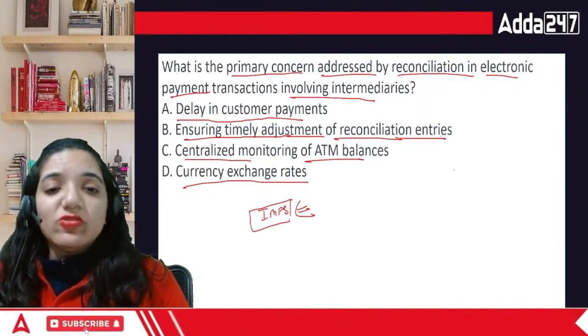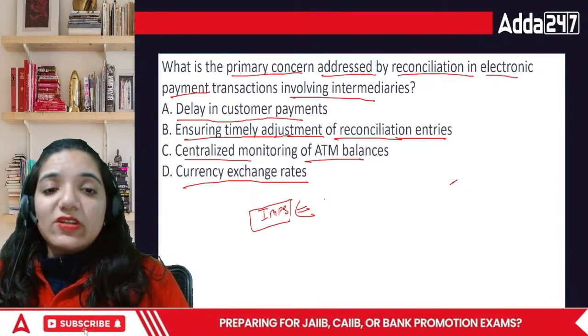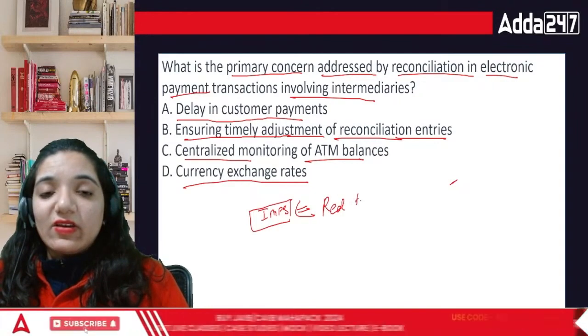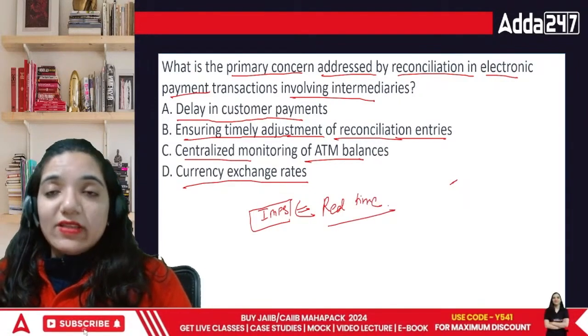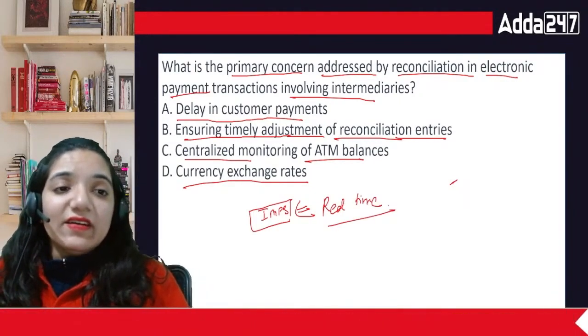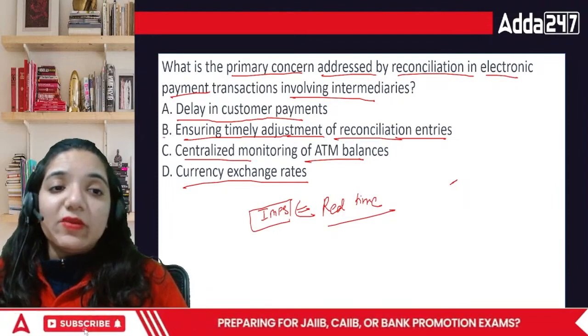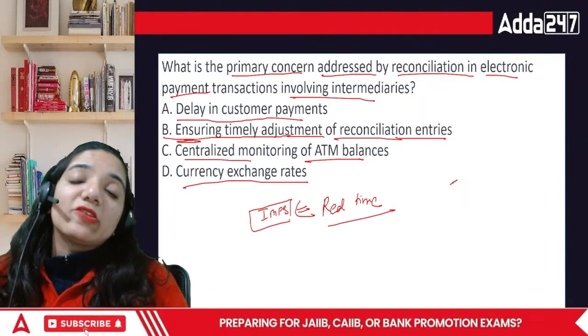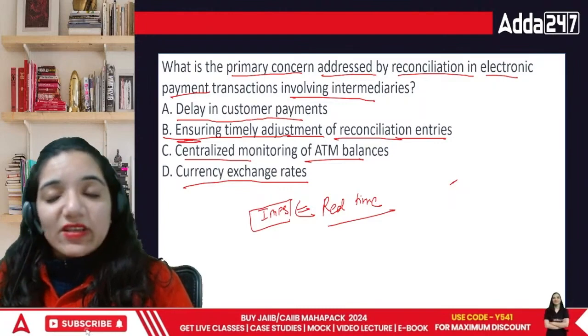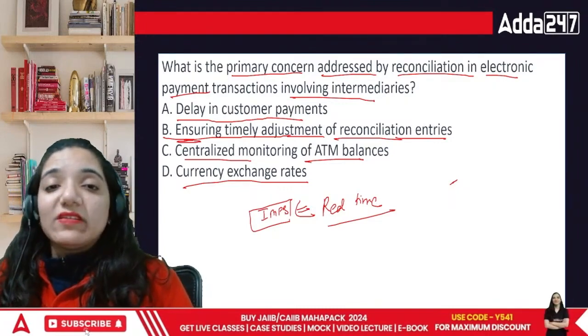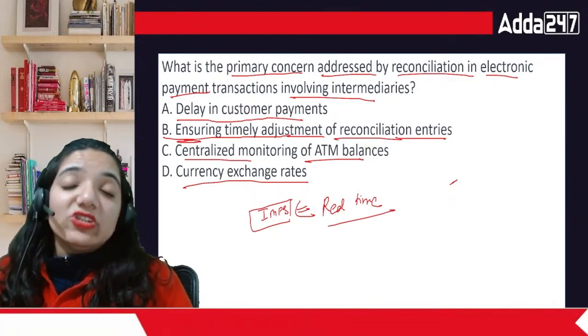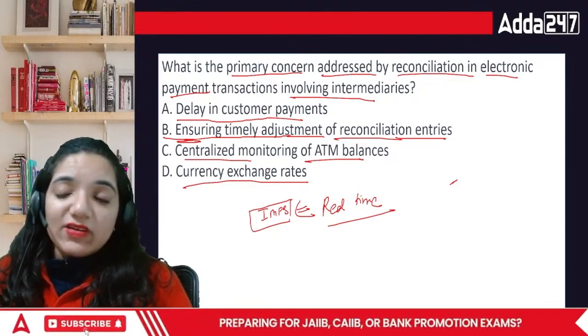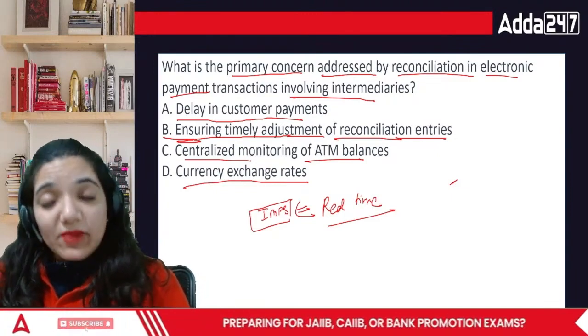Every person wants to know their real time balance. What is the balance that we are having right now, and how do we deal with that balance? So we need that clarity. That comes with point number B. This is the part of the back office. They're sitting at the back office and making sure that whatever entries are being done, the reconciliation of the same is done, so that each and every intermediary is covered when there are multiple parties involved.